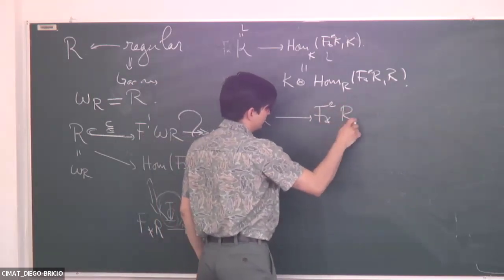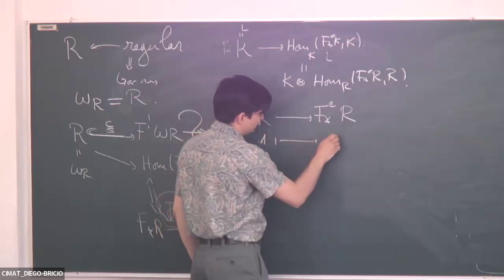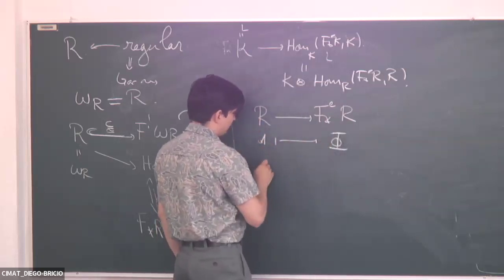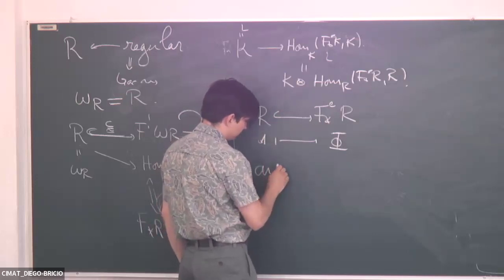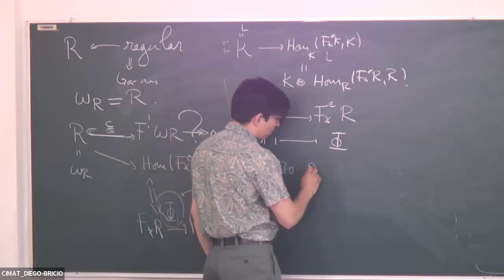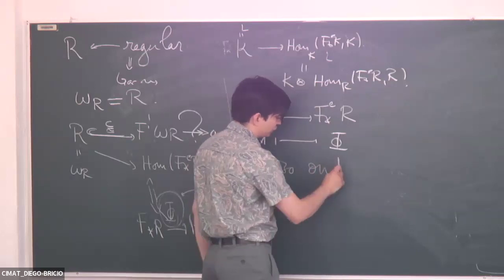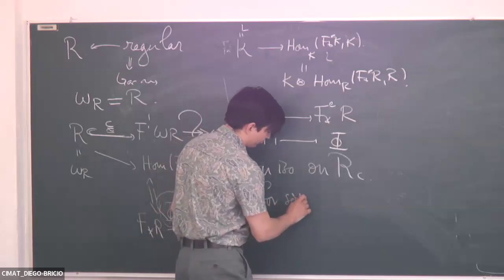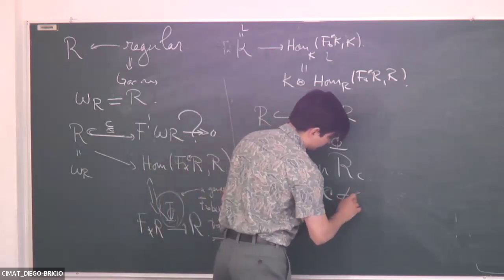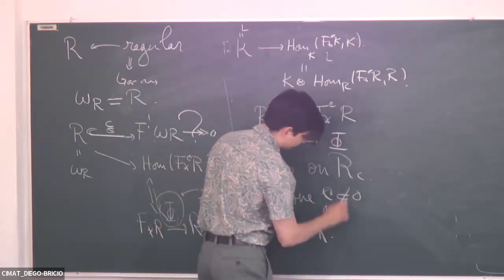So here I'm doing 1 goes to phi, and this is an isomorphism when I do the base change by R_c for some c different from 0 in R, of course.